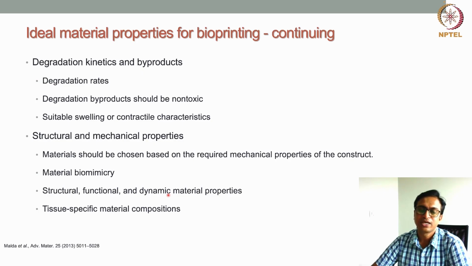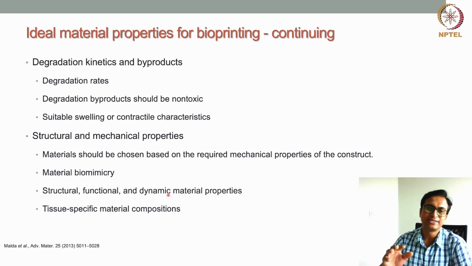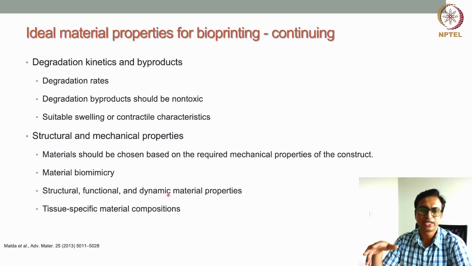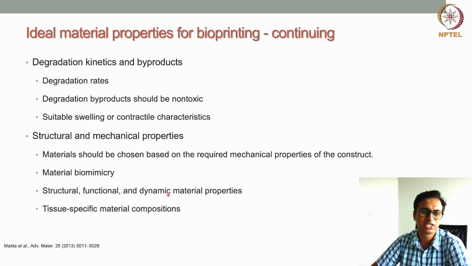In tissue engineering, the provisional extracellular matrix that we use in terms of biomaterials would degrade, and simultaneously the cells will produce their own extracellular matrix. So these two rates should match, the degradation rate of the biomaterials and the ECM production by the cells. Both should go at the same rate. Otherwise, there will be a mismatch, and that can be a challenging thing.